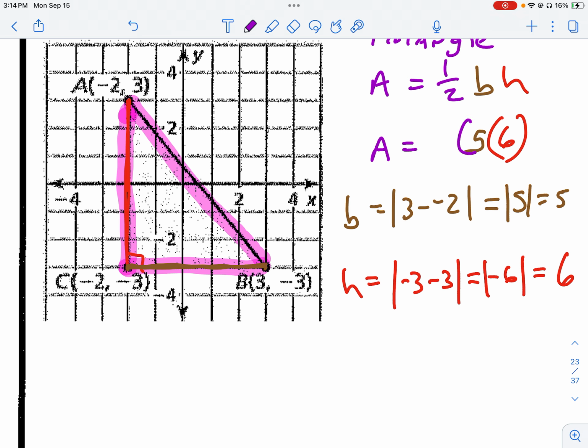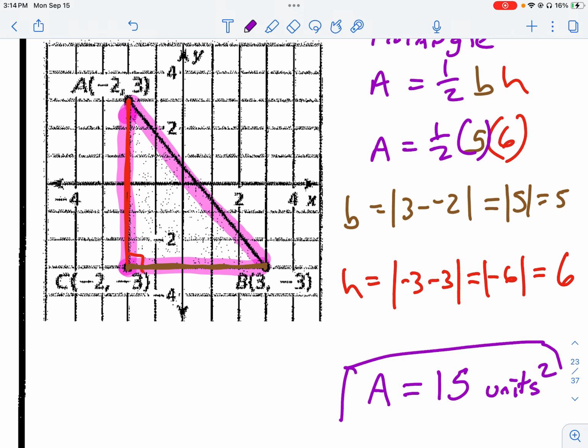So area is going to equal 1/2 times 5 times 6. I ran out of room, so 5 times 6 is 30, times 1/2 is 15 units squared.